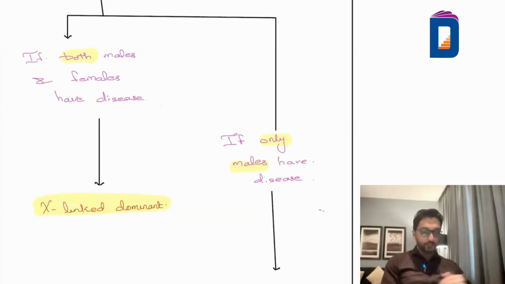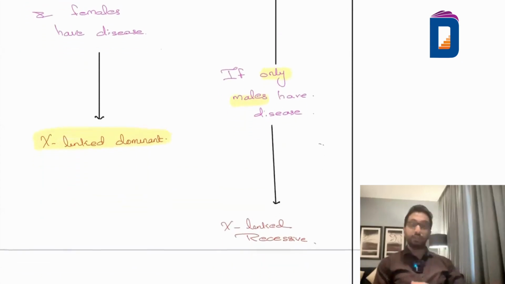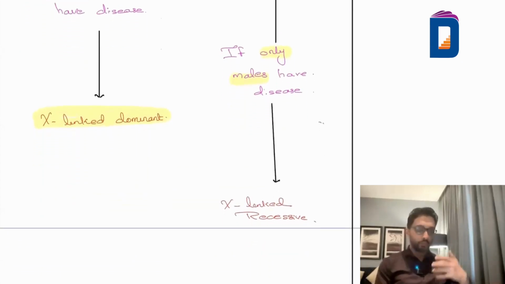So in dominant, both males and females will be affected. Whereas in X-linked recessive, you have only males being affected, and females you will see as carriers. Now, there are some exceptions which you will see later on, but please note this down, or at least keep this in your mind: if both males and females are affected, it's X-linked dominant.